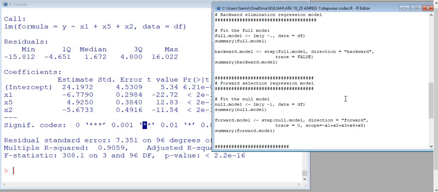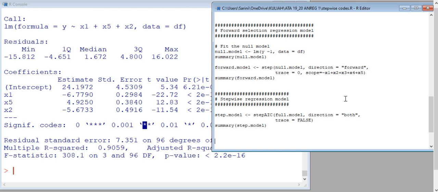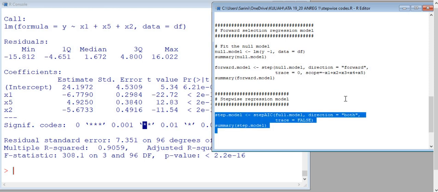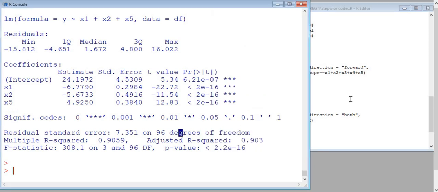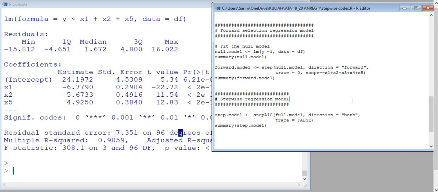So we also get that x1, x5, and x2 are the three significant variables to be included in the model. And then the combination of those two approaches, that is the stepwise, gives exactly the same result as the backward and the forward selection.